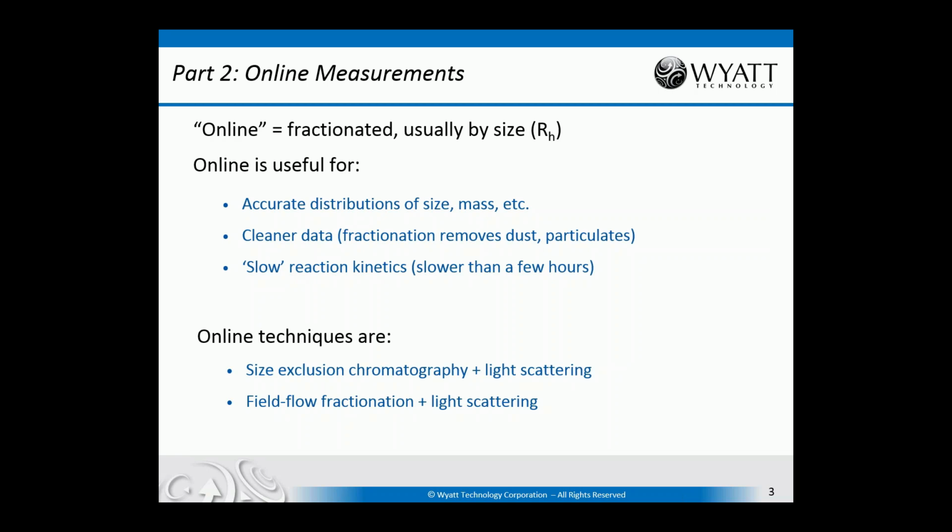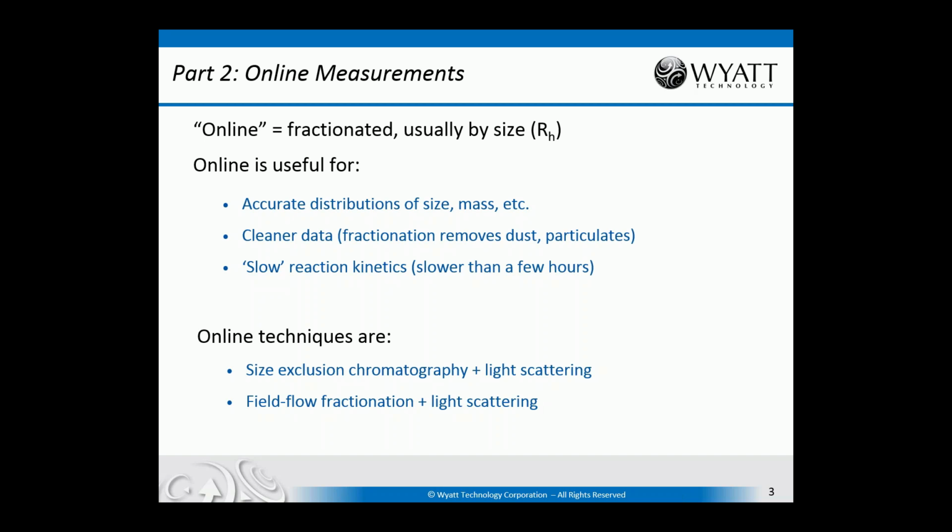One of the advantages, in particular for light scattering of online measurements, is that you tend to get cleaner data than in batch, because the fractionation inherently removes dust and large particulates that tend to interfere and generate noise in light scattering data. And if you are looking at slower reaction kinetics, those reactions which are slower than a few hours, it is more common to use the online technique, because you can sample an aliquot every once in a while, run it on the separation.